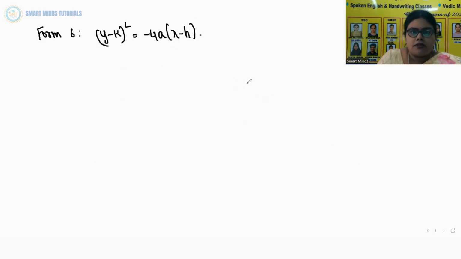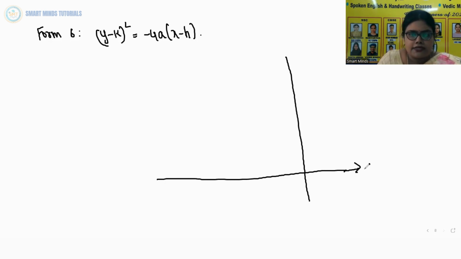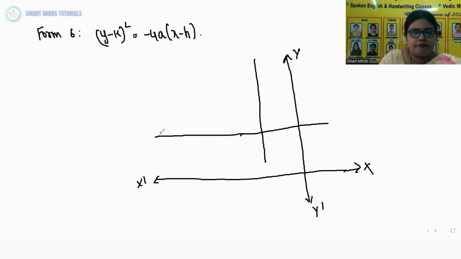Now the second form. The second form is y minus k whole square is equal to minus 4a into x minus h. You can see this is the x-axis and this is the y-axis. In between, you have a parabola which is not touching the lines.